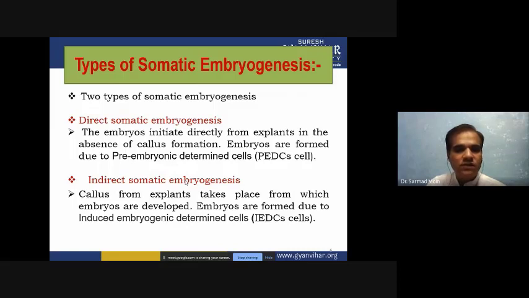Here, embryos are formed from induced embryogenic determinant cells, because we give phytohormone concentrations and induce these cells to produce embryos from the somatic cells.